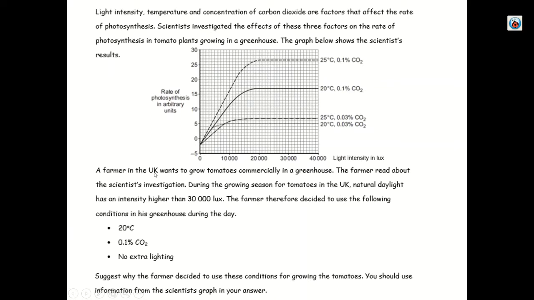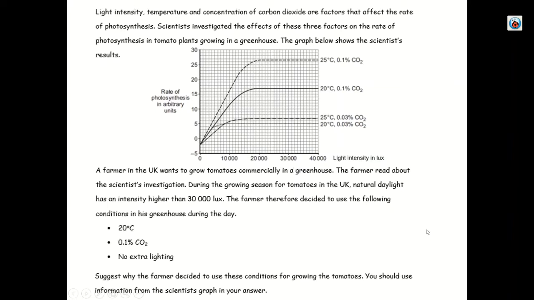A farmer in the UK wants to grow tomatoes commercially in a greenhouse. The farmer read about the scientists' investigation. During the growing season for tomatoes in the UK, natural daylight has an intensity higher than 30,000 lux. So here's 30,000 lux on the graph.